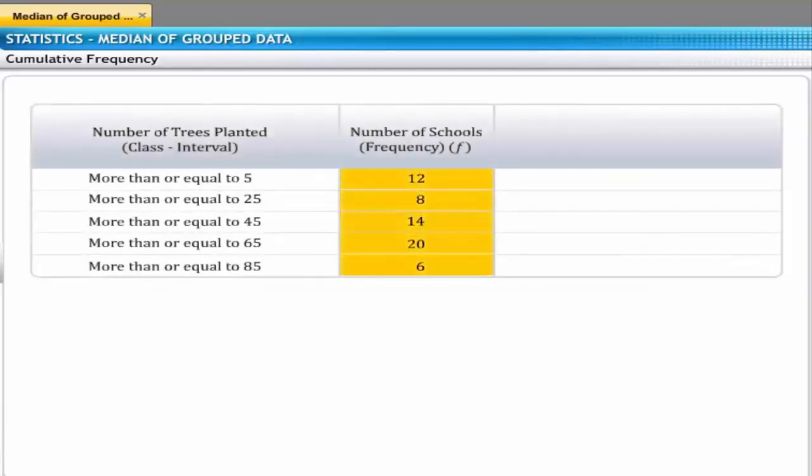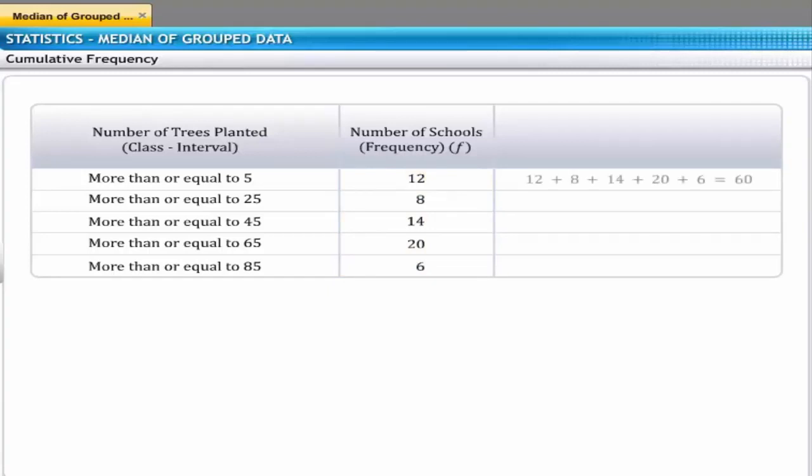From the new class intervals, it is clear that all the schools have planted at least 5 or more than 5 trees. Thus, the adjusted frequency of the first class interval is the total number of schools, which is equal to 60. The adjusted frequency for the second class interval is not 8, but 48.